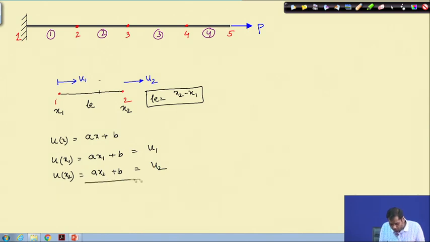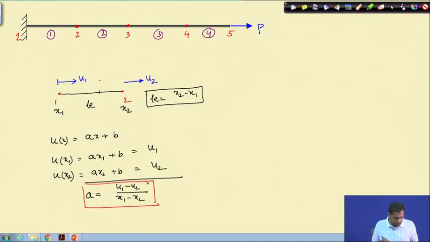Now, if we solve them, we have that a is equal to (u1 minus u2) divided by (x1 minus x2). That is the expression of a. That is important. Now, once we have this expression for a, we have to find the expression of b. How do we find it? We substitute into any equation. Let us do that.